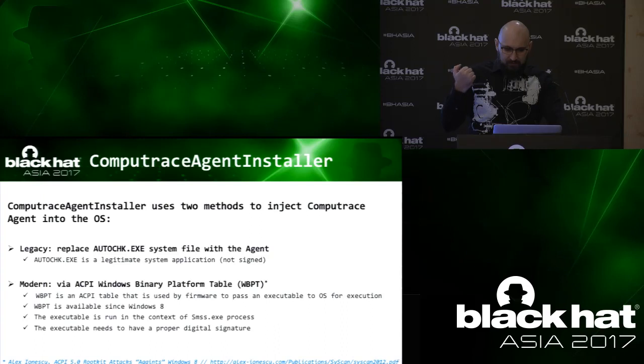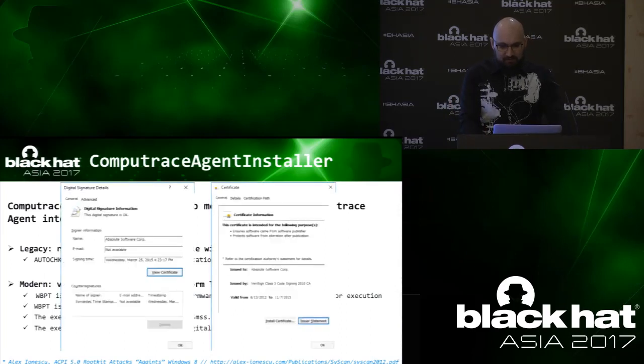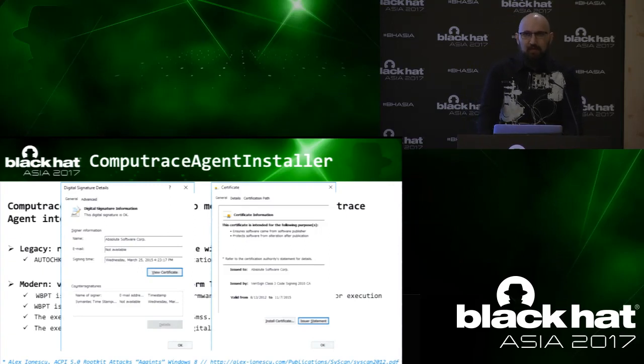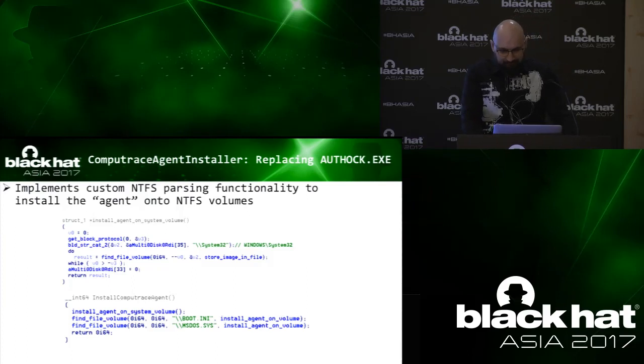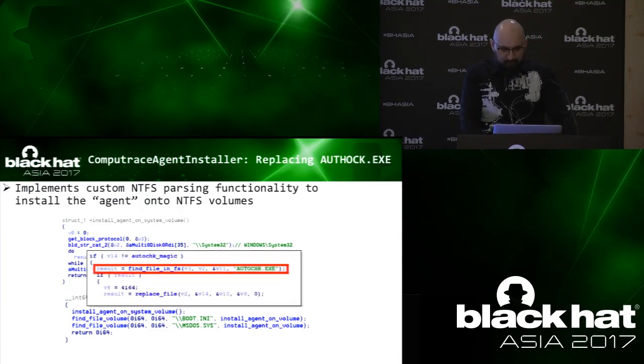In this case, the binary is digitally signed, which is the difference from the legacy. Also, we can see here it's signed by Symantec with a certificate for Absolute Software, which are the developers of Computrace. Here is a function which delivers the agent to the file system, and it's the NTFS parser from the DXE driver.